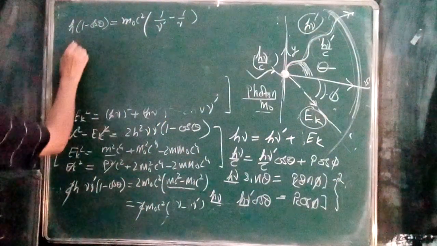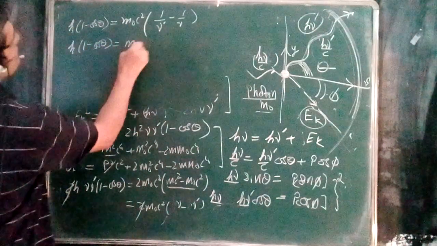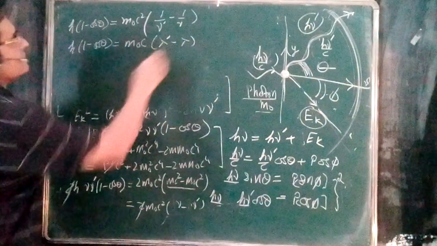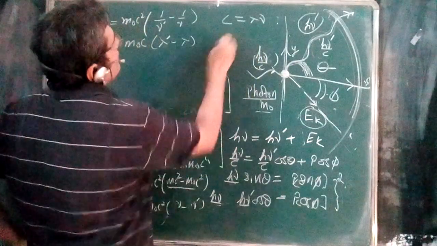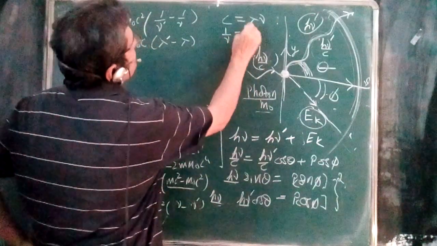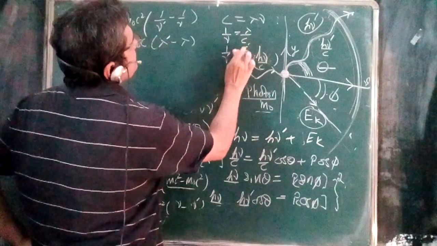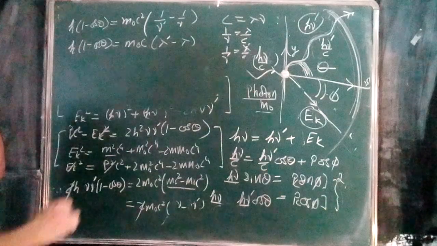This will become h 1 minus cos theta is equal to m0 c lambda dash minus lambda. Because I have used this relationship, c is equal to lambda mu, or 1 upon mu is lambda upon c. 1 upon mu dash is lambda dash upon c. I have just replaced here, so I get this relationship.